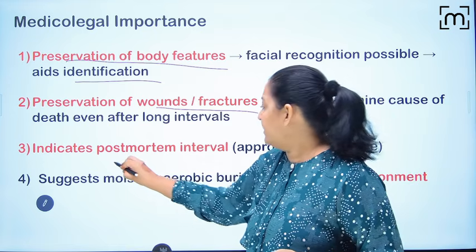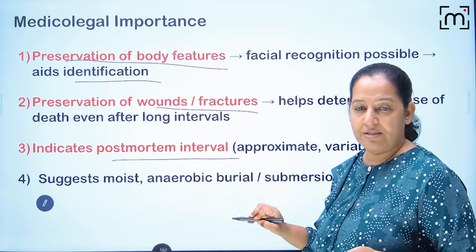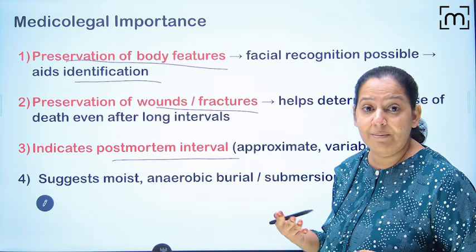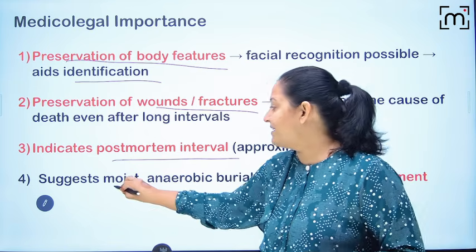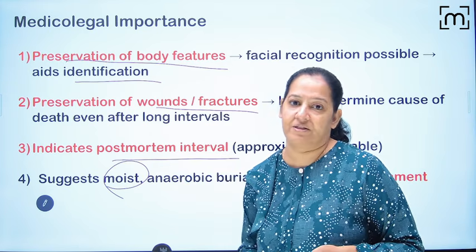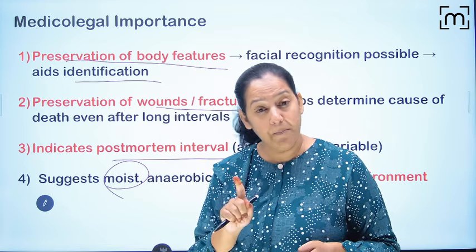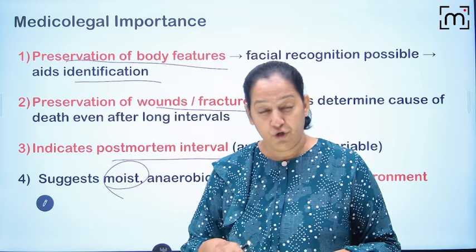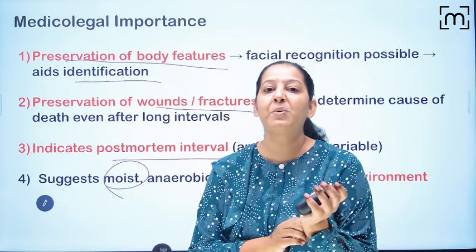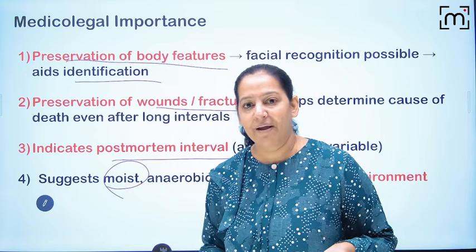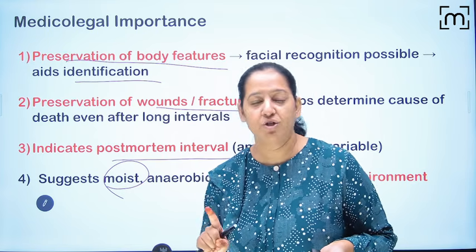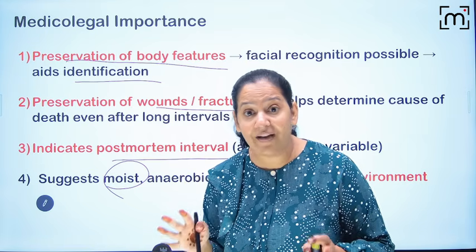Okay, and it indicates the post-mortem interval, based on which we can tell the approximate time of death, and it suggests the dead body was in moisture after death. So this is the medico-legal importance. Learn the 4 points of medico-legal importance of all the things. You should be able to write, because what are we studying, what is the subject? Forensic medicine. Why is my first slide every day for forensic medicine the medico-legal importance?